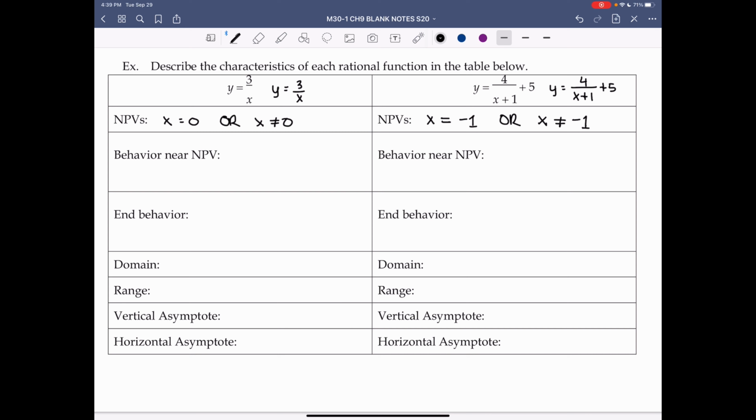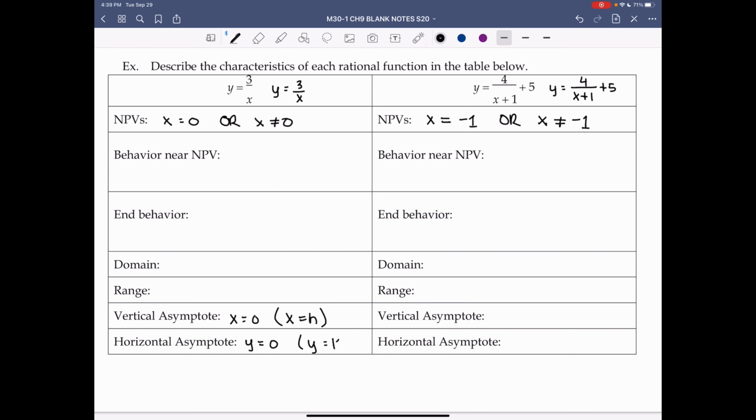We know that our vertical asymptote is x equals h, which in this case h is 0, so x equals 0. Then our horizontal asymptote is y equals k, which is also 0 in this case, so y equals 0.